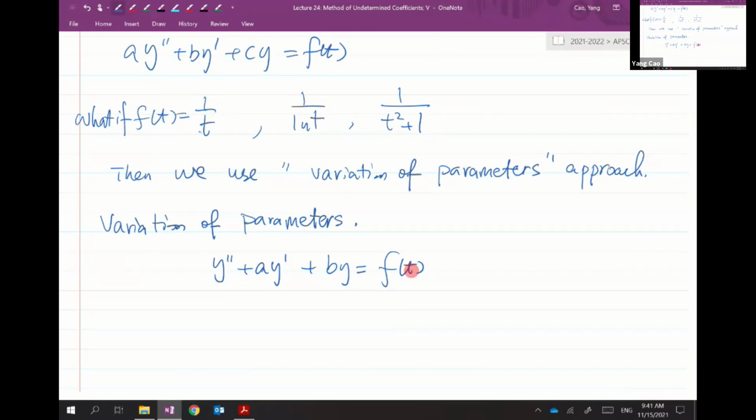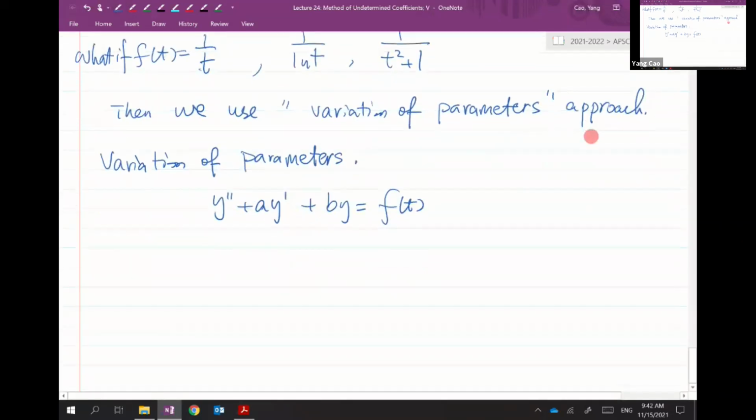It doesn't take the format of the table anymore, okay? So to solve this type of equation, step one is very similar to the method of undetermined coefficients. So your step one is still to obtain the homogeneous general solution. So your YH.